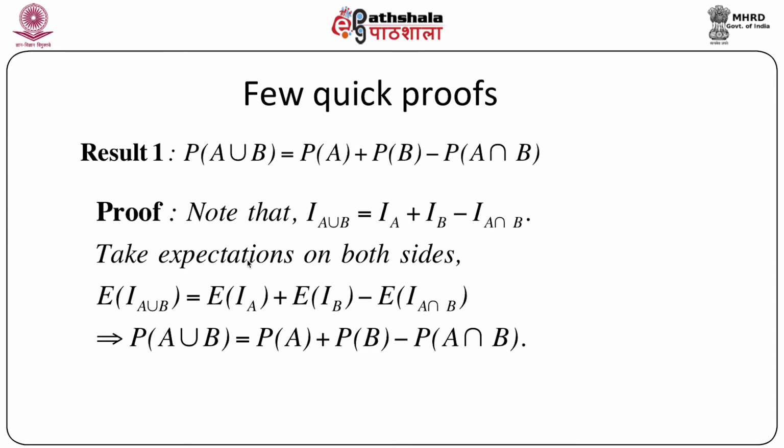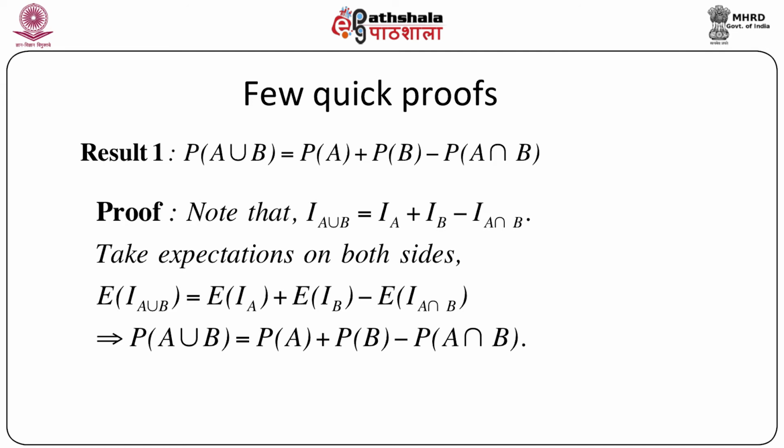Now we know that the expectation of an indicator function is nothing but the probability of the set on which the indicator function is defined. So naturally, expectation of I of A union B equals probability of A union B, equals expectation of I_A, meaning probability of A, expectation of I_B, meaning probability of B, and expectation of I of A intersection B, meaning probability of A intersection B. So you see the proof is extremely simple, just a one or two line proof without any splitting of events or any Venn diagram kind of thing.